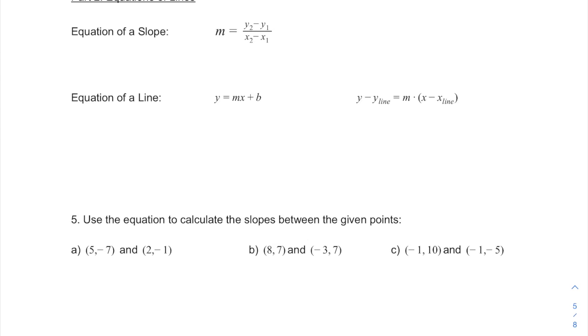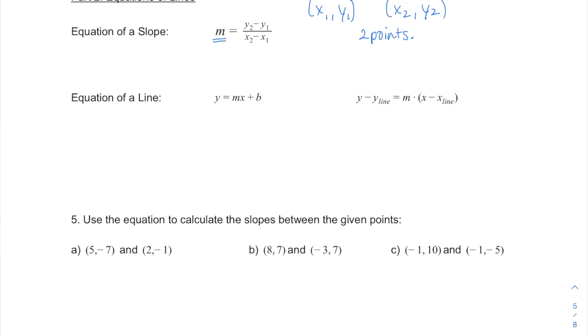The first is the equation of a slope, and we use m to reference slope, and I can see that the slope m is y2 minus y1 over x2 subtract x1, and this means that we are given 2 points on the line, and we designate those 2 points as x1, y1, x2, y2. So as long as we have 2 points on the line, we can figure out the slope between those 2 points.